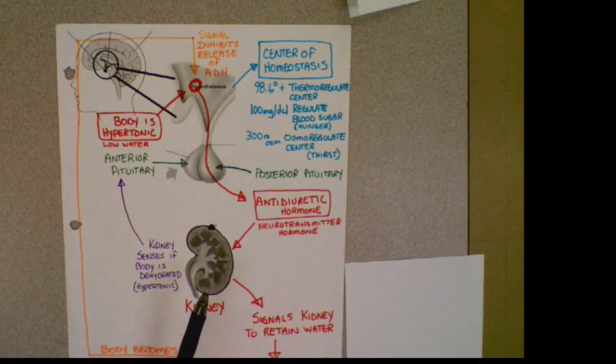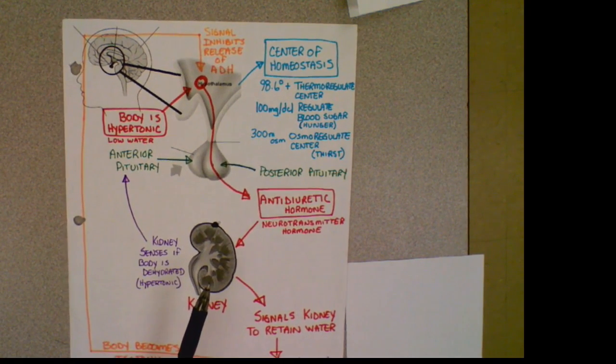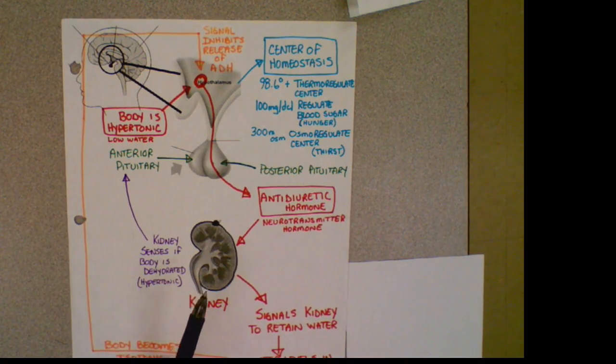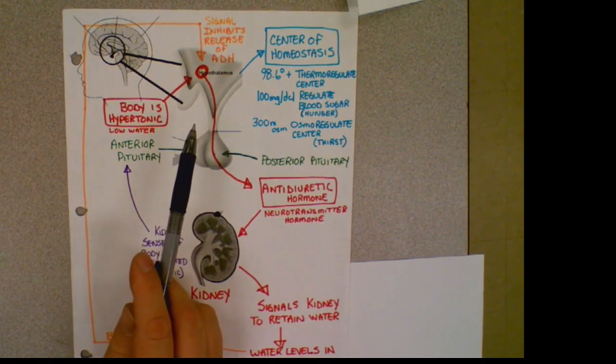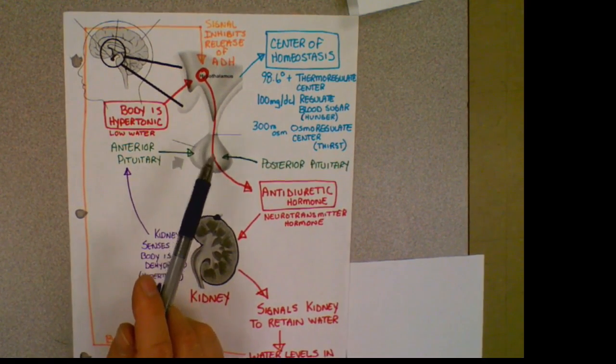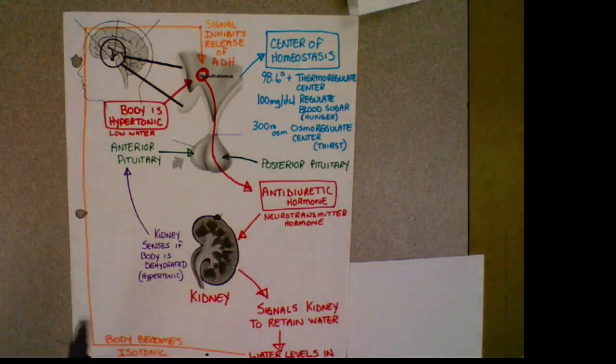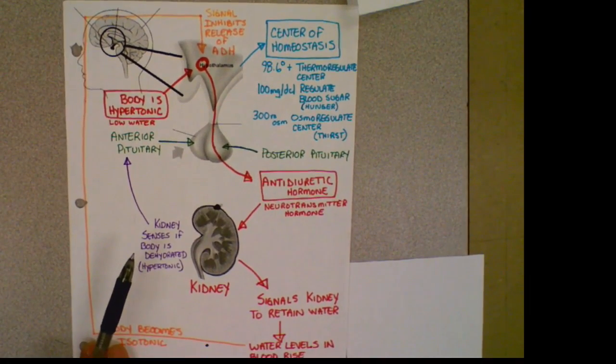So you can see how this is kind of a crazy system here. In a perfect world, you would think the kidney would just realize that our body's hypertonic and then signal itself to hold water, but that's not what happens. What happens is we have to send the signal to our brain. Our brain then releases antidiuretic hormone, which then tells the kidneys to retain water, and we go back to this balance.